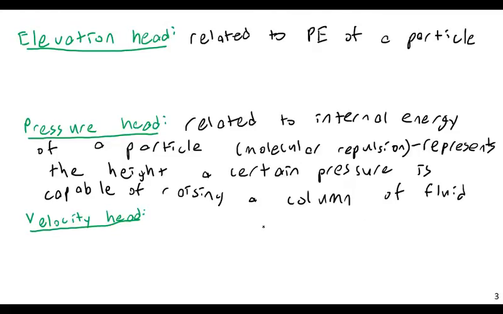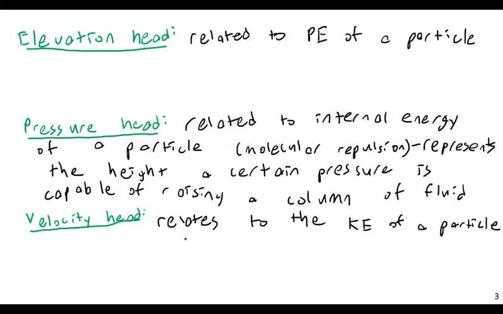And finally, velocity head relates to the kinetic energy of a particle. So the elevation head is just the elevation of a particle. The pressure head is the ability of that fluid's internal energy to raise a column of water a certain height.